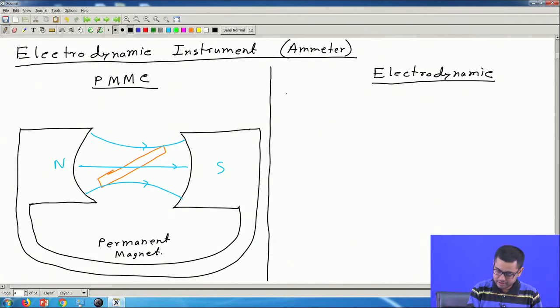So, here we use electromagnets. Electromagnets are nothing but coils or solenoids. So, we will have a pair of coils.